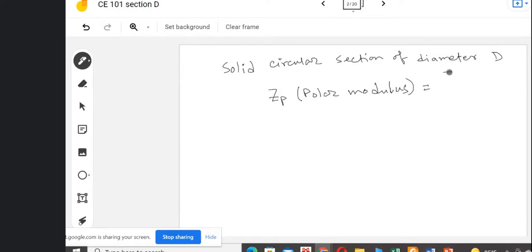For Zp we need to know both the things, IP and R. So what is the IP value for this solid circular section of diameter D?